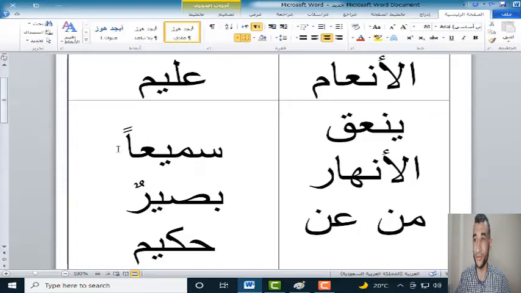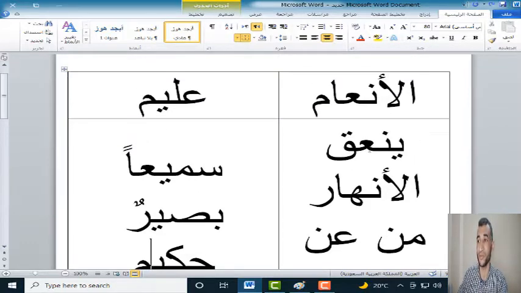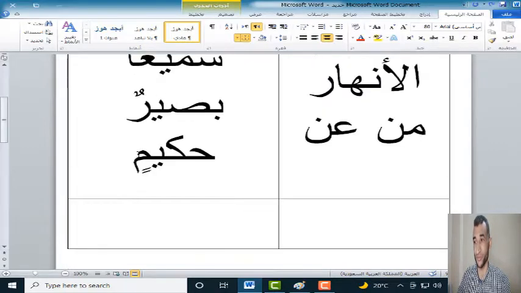Sami'an, hearing, the hearing in the English language, and basirun. So the second difference is that you can find the consonant Nun in verbs, nouns and prepositions, but you cannot find the Nun of the Tanween except in nouns.